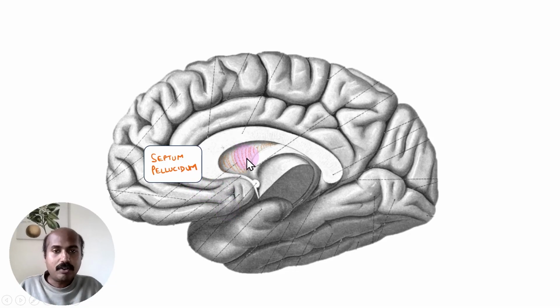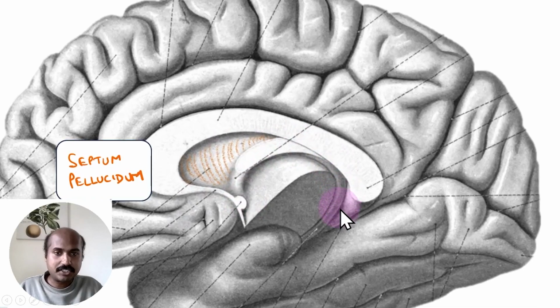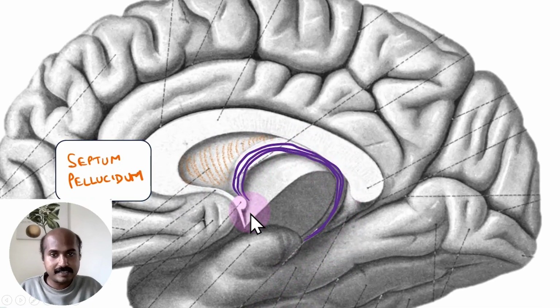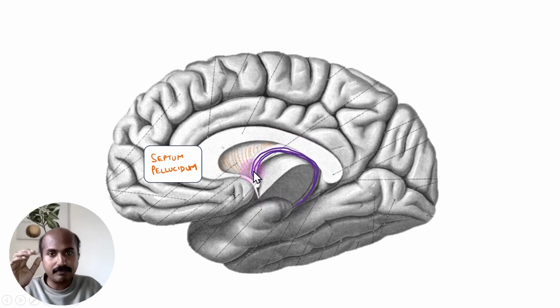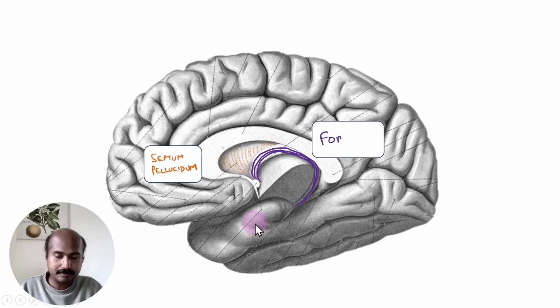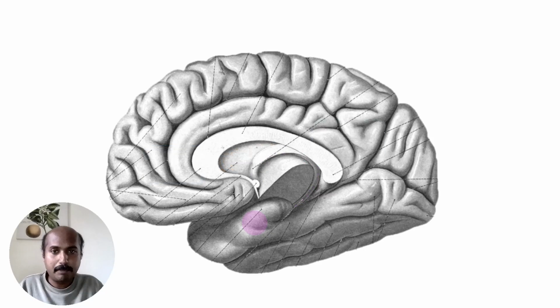Hanging on the septum pellucidum, you have the fornix. Fornix is a white matter tract that connects the hippocampal region towards the mammillary body, which is found below it in the hypothalamus. The fornix body is hanging down in the septum pellucidum.